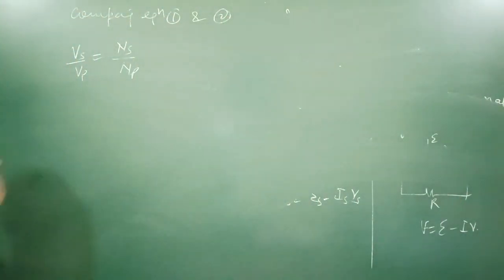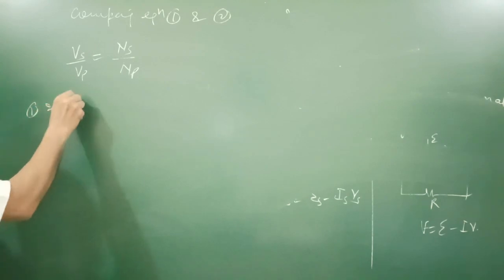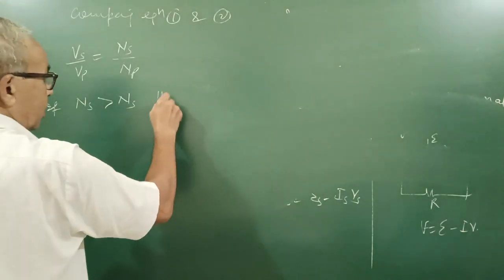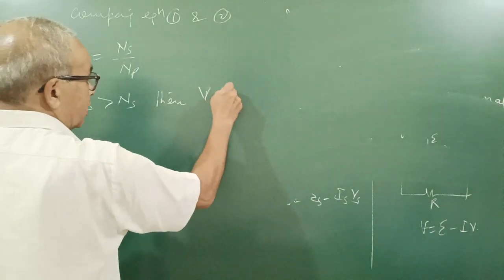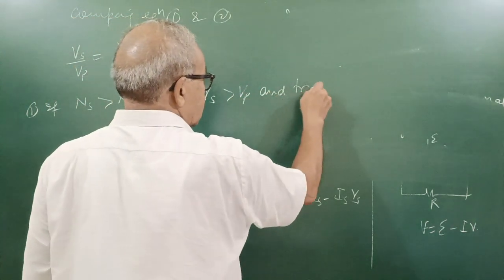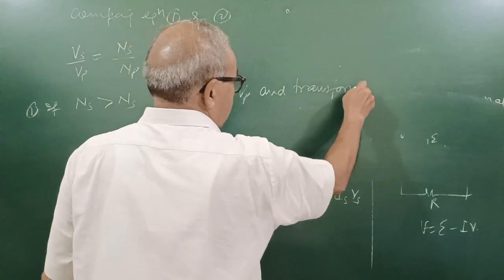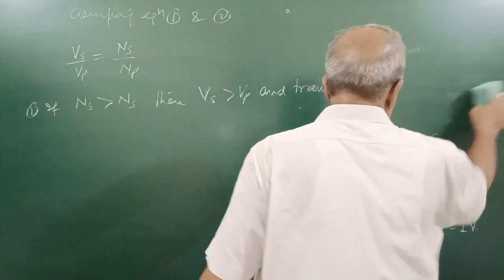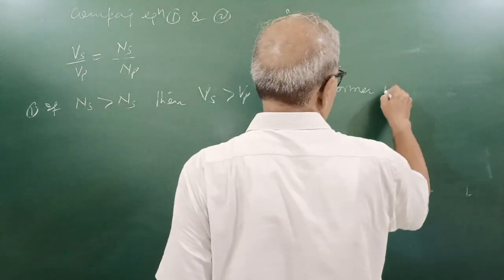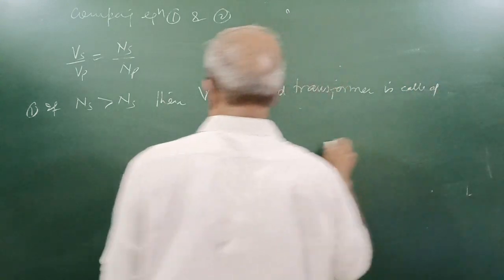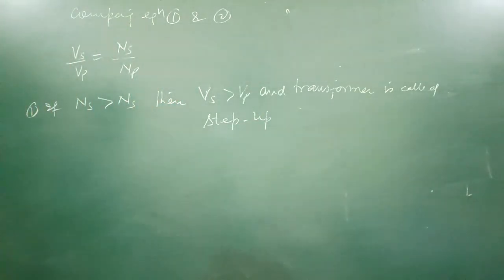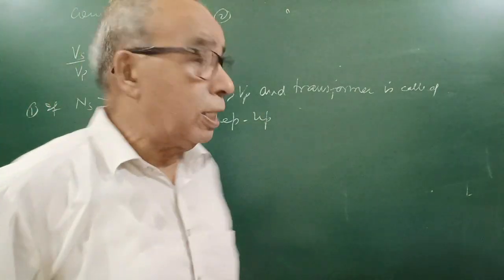So, number 1, if NS greater than NP, then VS greater than VP, and the transformer is called a step up transformer, because it will increase the low voltage into high voltage.